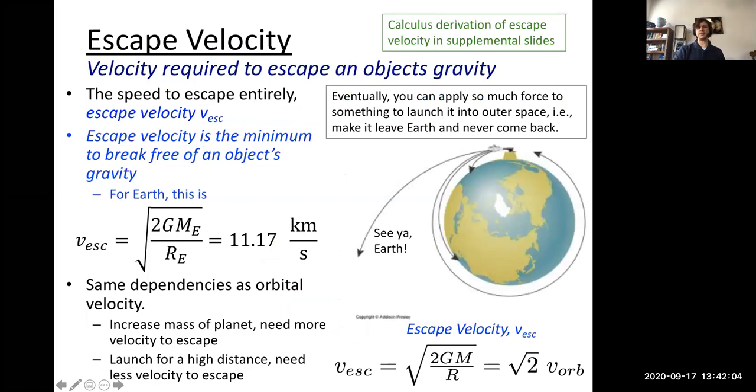And now let's talk about taking this concept to the extreme, so-called escape velocity. Orbital velocity is great for putting satellites in orbit around the Earth. Our GPS satellites, our geosynchronous satellites, the International Space Station, all of that is governed by it. You gotta launch something and move it to the orbital velocity.